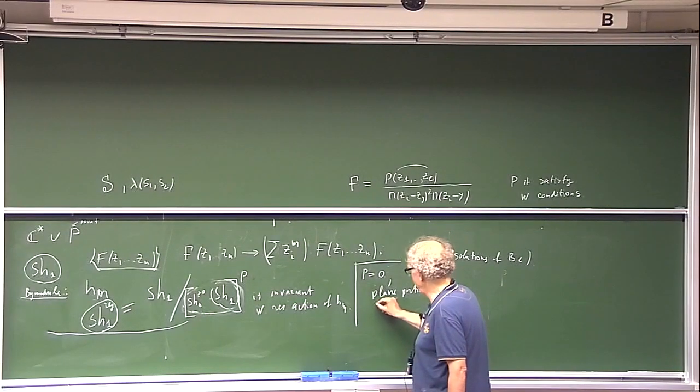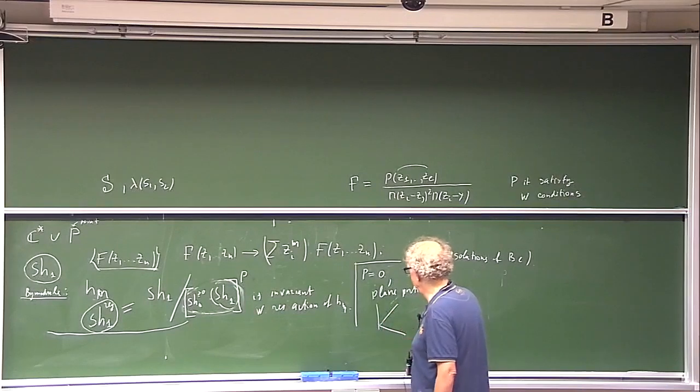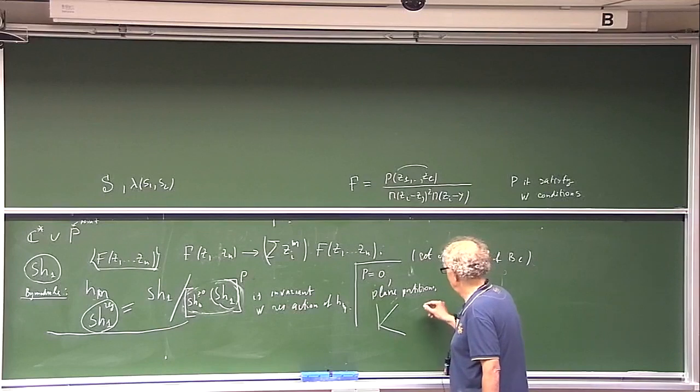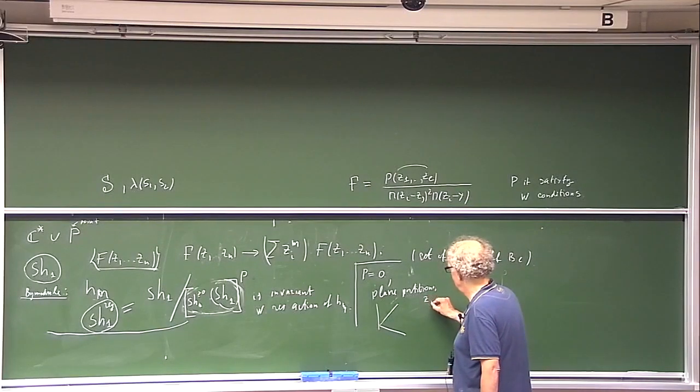If I take a plane partition, then I can write down the set of zi, which are what?